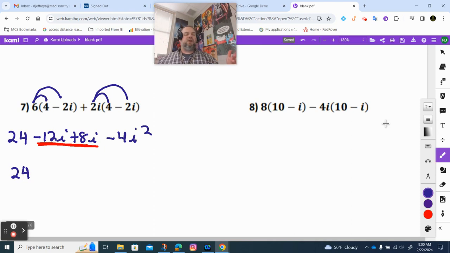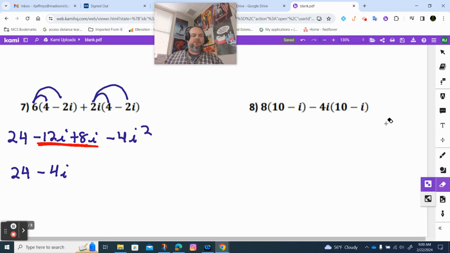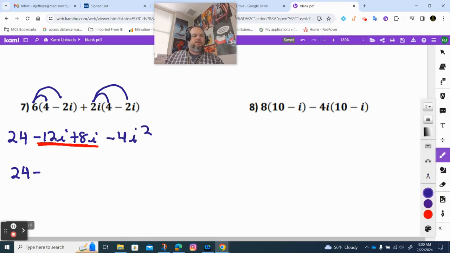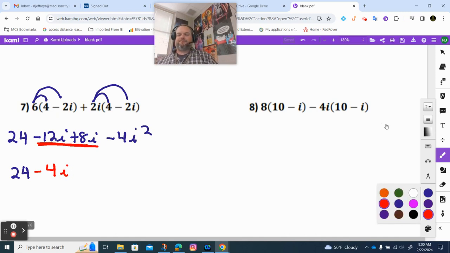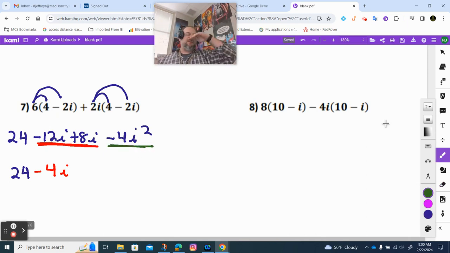So negative 12 plus 8 should be negative 4i. Now, what we know, that's all, folks.